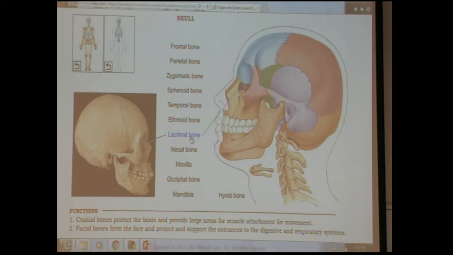So you've got quite a few sinus bones behind. The nasal bone, maxilla, which is the top of your jaw there, occipital in the back, and the mandible down on the bottom. And then your hyoid bone, it's the only bone in your body that's not attached to any other bones. If you notice, it's just kind of hanging out there. That's what your tongue's attached to. It's just held in place by just being there. It's kind of interesting.